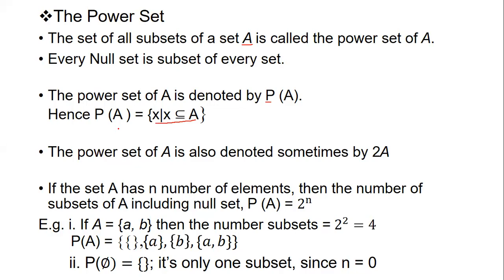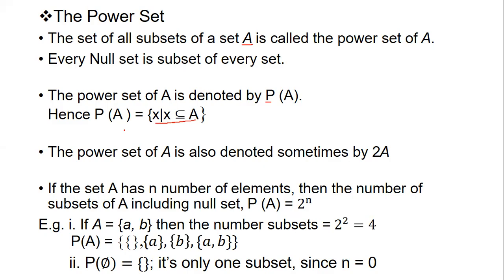Now, if you are talking about possible subsets, we can also say that every set, as we are using set A, is a subset of itself. So every set is a subset of itself. Therefore, when we are talking about the power set, you have to include that set.